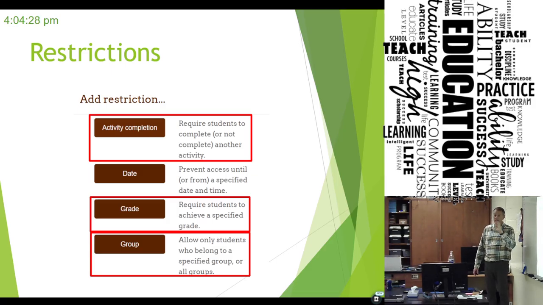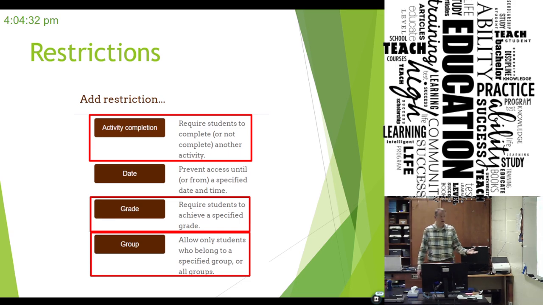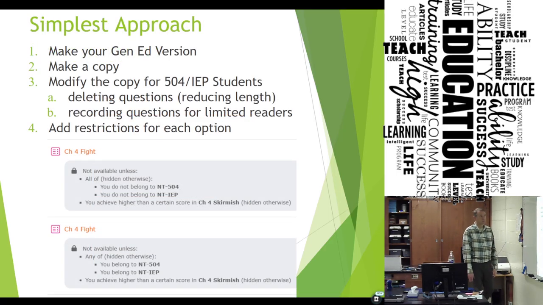And you can make that quiz and change the name every year for that one student that you have, if it goes that granular. So the simplest approach is what I just said. I make what I call the general education version, I make a copy, I modify that copy, and then I add the restrictions.